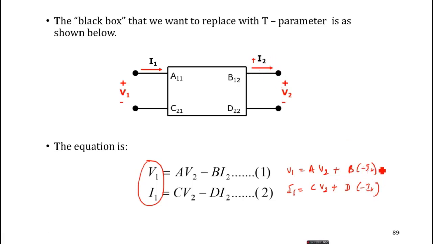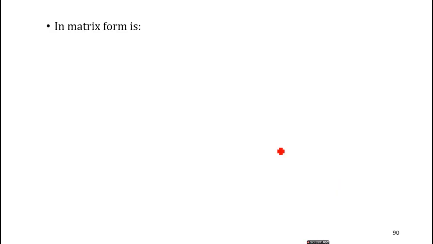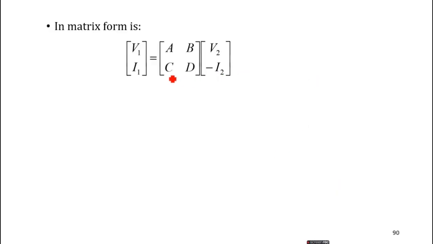So plus minus I2, you should know why it is a negative sign. If the current is entering the two-port network, then take it as positive, but here it is leaving the port, that's why it is taken as minus I2. Then these two are the key equations here. Those two equations are represented in matrix form.